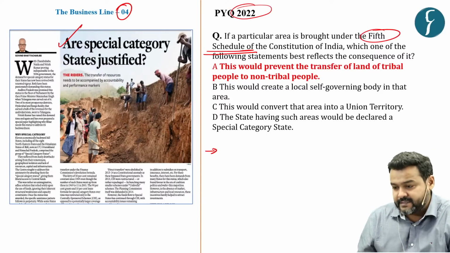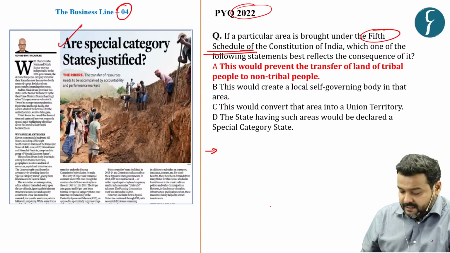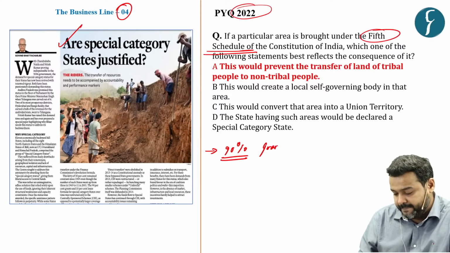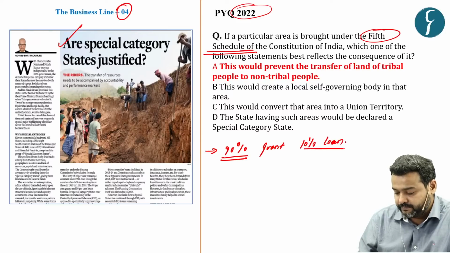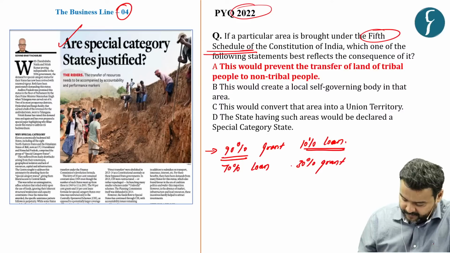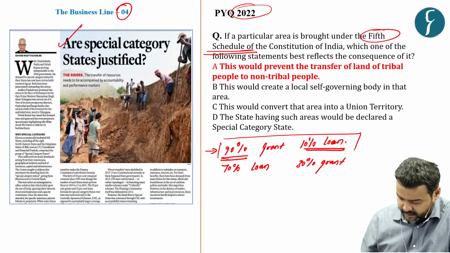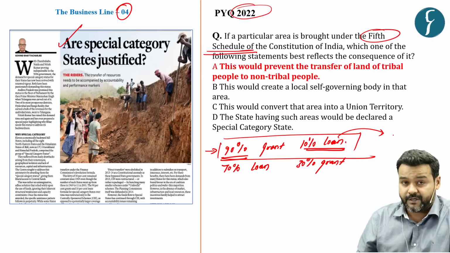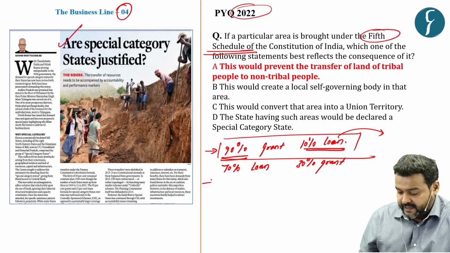First benefit is that whatever central assistance will come to a special category state, 90% of it will be grant and 10% will be loan. While for others, it is 70% loan and 30% grant. So if a state is borrowing from or getting assistance from the Center, they have to repay only 10% of it. That is the first benefit.